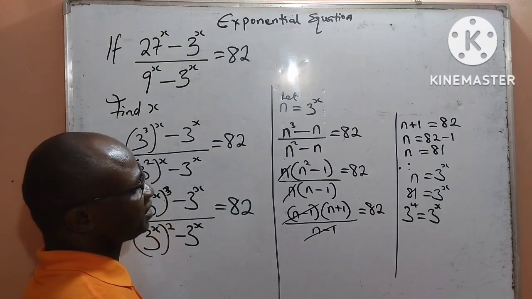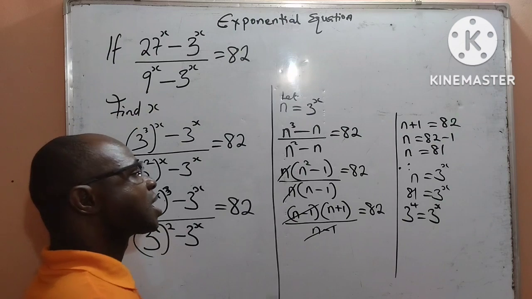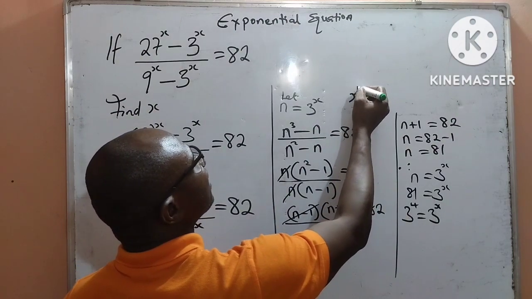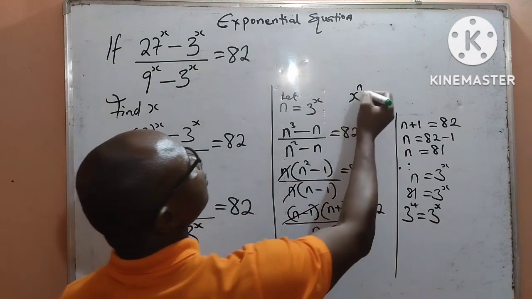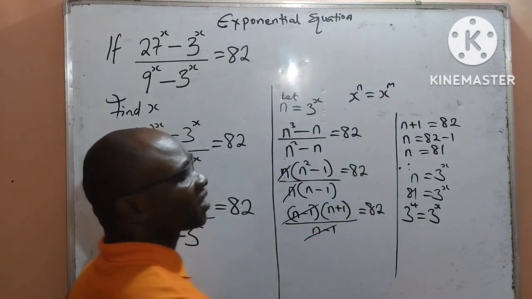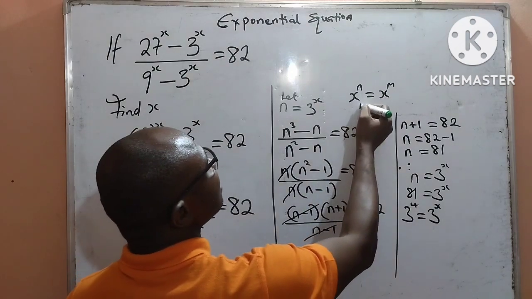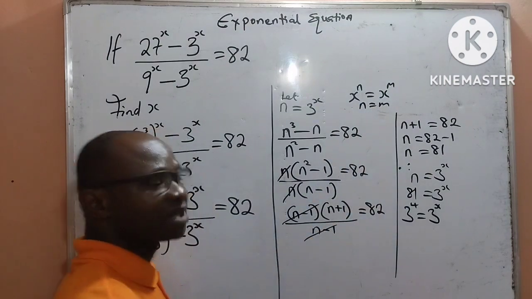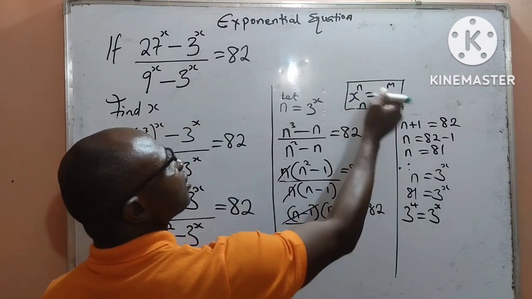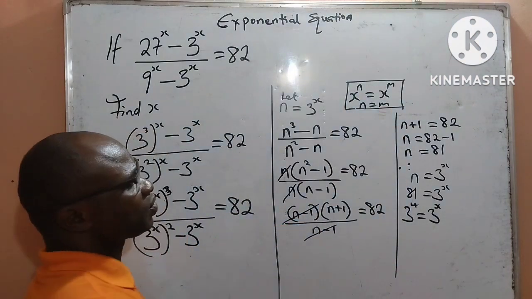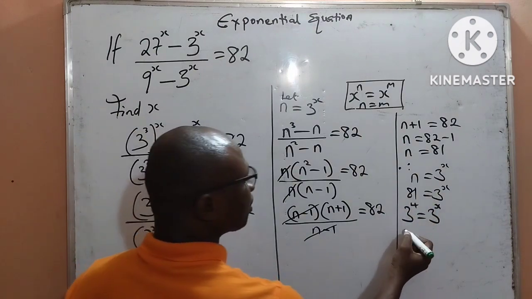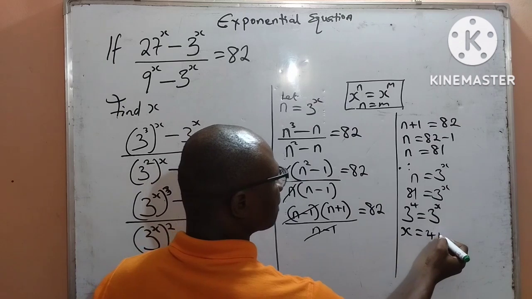According to the law of indices, when I have a^m equal to a^n, it is the same thing as m equal to n: once the bases are equal, the powers automatically become equal. That can now be applied here to say that x is therefore equal to 4.